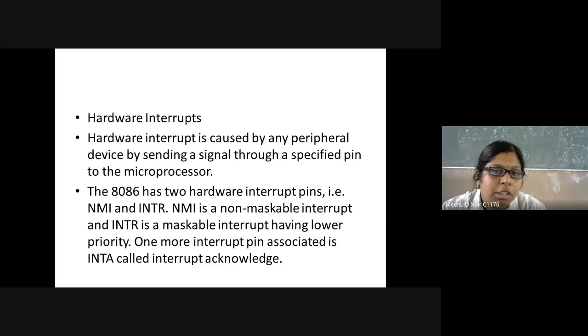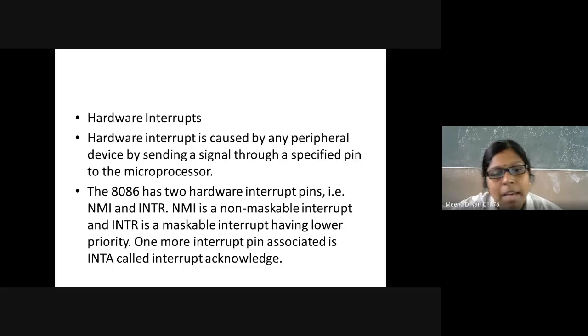Then we have seen there are two types of interrupt. First one is hardware and second one is software interrupt. There are two hardware interrupts in the pins: NMI and INTR. NMI is non-maskable. Once it is raised through NMI, it has to be served, whatever operation is being done.